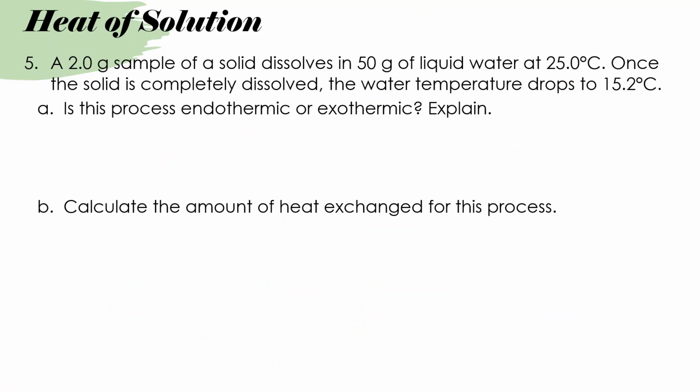Number 5, we're looking at some heat of solution here. 2 grams of a solid dissolves in 50 grams of liquid water at 25 degrees Celsius. Once the solid is completely dissolved, the water temperature drops to 15.2 degrees Celsius. So the water temp went down. That means that the water lost heat in order for its temperature to decrease.